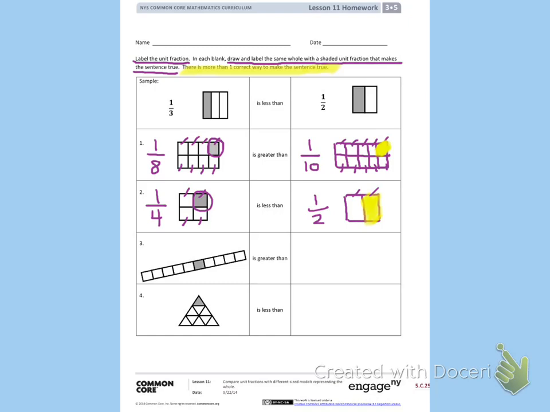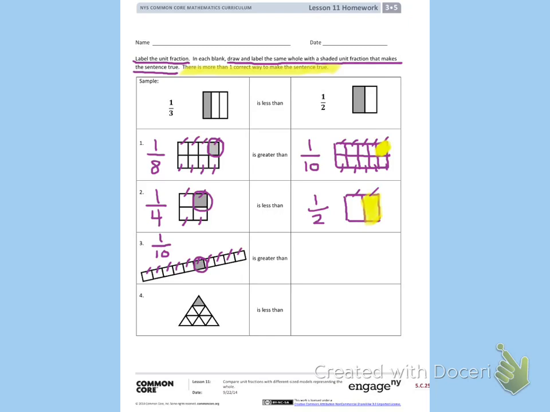Now let's look at item 3. The first thing we'll do is label the unit fraction. 1, 2, 3, 4, 5, 6, 7, 8, 9, 10. There are 10 pieces in all, so the 10 goes on the bottom of the fraction. Now we count how many are shaded. 1 out of 10, or 1/10, is shaded. So 1/10 is greater than what? This is where you need to figure out what you're going to put in the third column.